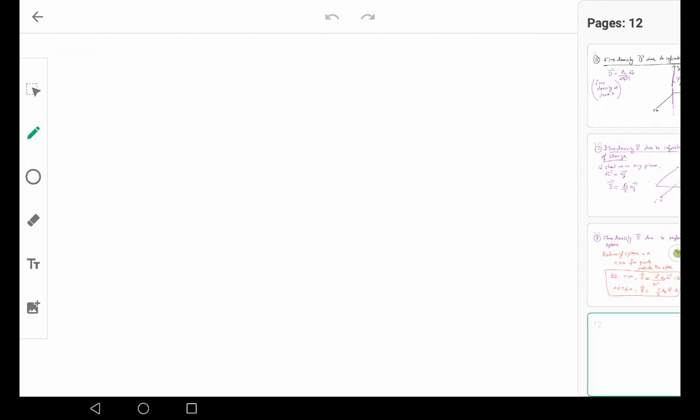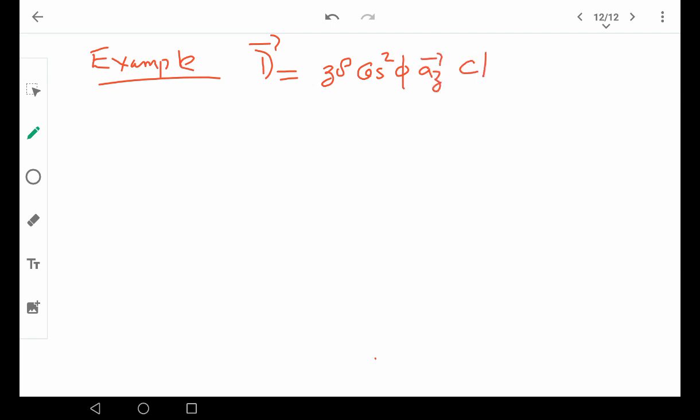Here is an example. You are given the flux density D equal to z rho cos square phi az coulombs per meter square.